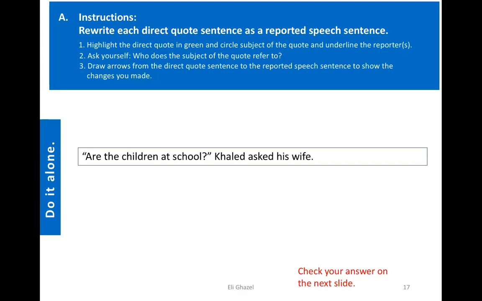Highlight the direct quote in green and circle the subject of the quote and underline the reporter or reporters. Ask yourself, what does the subject of the quote refer to? Then draw arrows from the direct quote sentence to the reported speech sentence to show the changes that you have made. Again, when the students have finished doing this by themselves, then we can tell them to check their answer on the next slide or talk to each other.